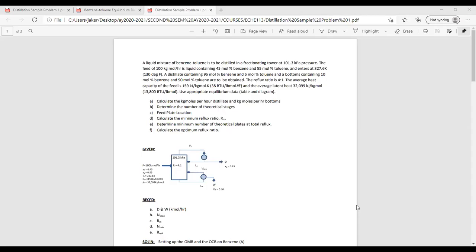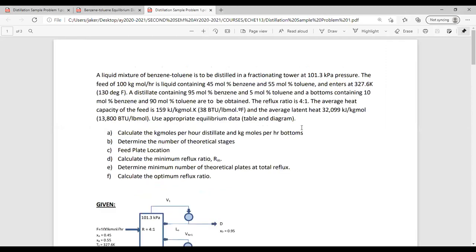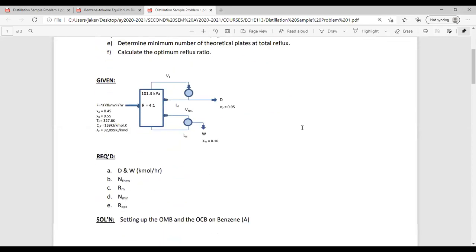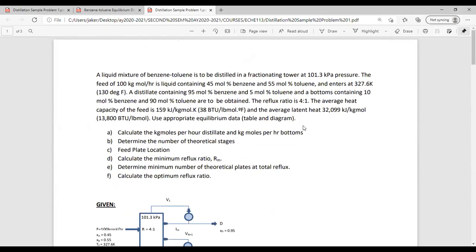Okay, this is actually a sample problem in John Couples. I just modified it, merging all the questions into one problem. That way I will be able to explain everything clearly in just one sample problem.